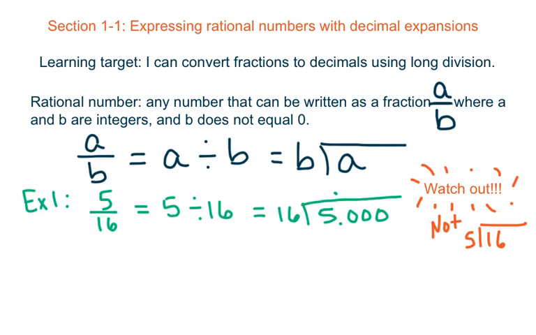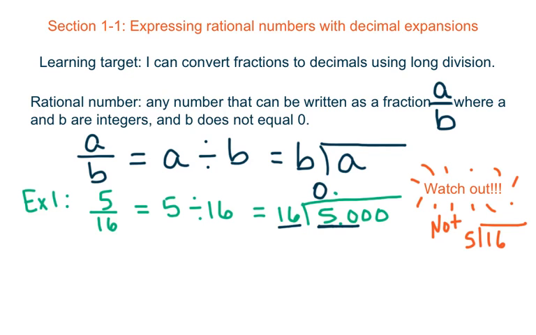And now we need to do our multiplication facts, know our multiplication facts. So how many times does 16 go into 5? 0 times, so we put the 0 up there. So then we ask how many times it goes into 50. We ignore the decimal point since we already put one up top.